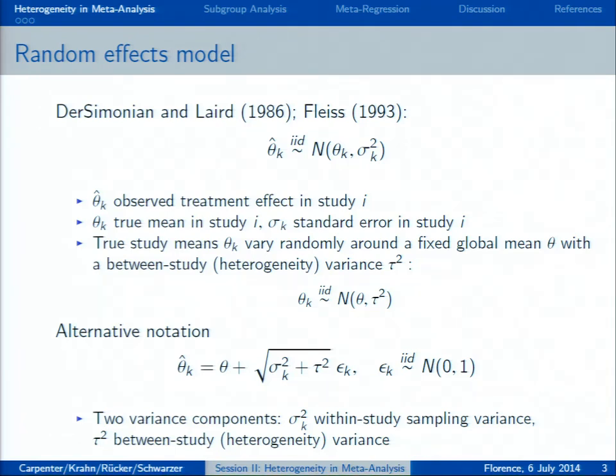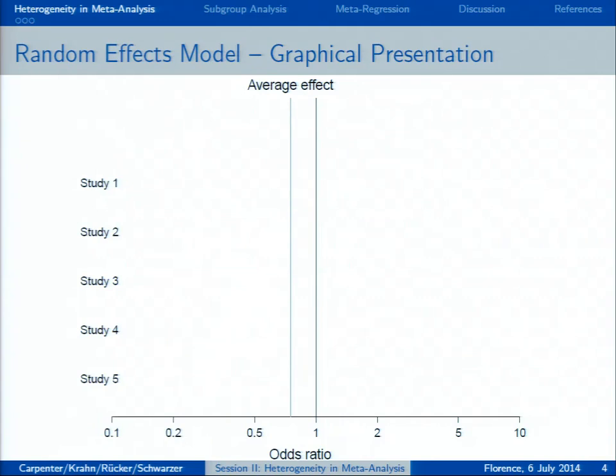So if you want a graphical way of looking at that, you can think about it as follows. The black line is the line of no effect, and the blue line on my screen is the average effect, so that's theta.